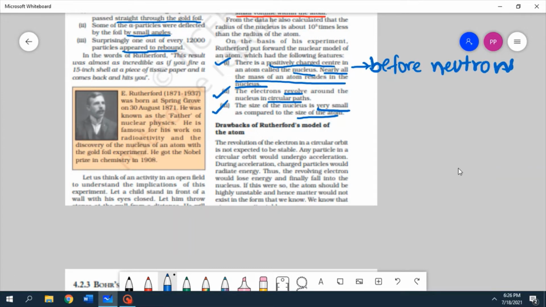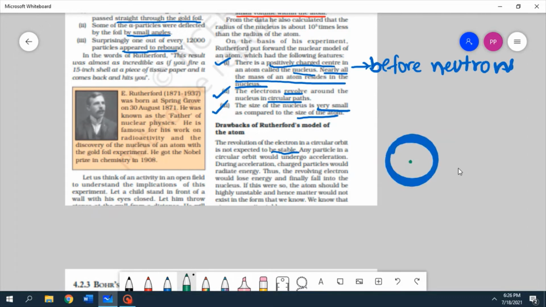Because the revolution of an electron in a circular orbit is not expected to be stable. Because when you're continuously moving, so this is what Rutherford put forward.